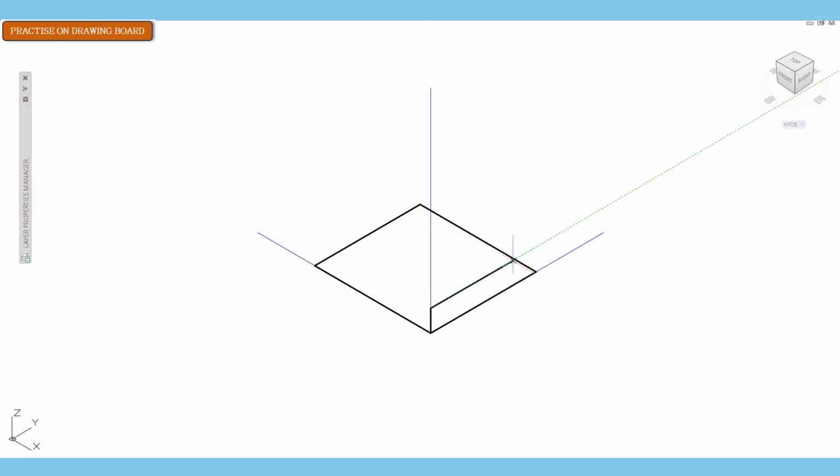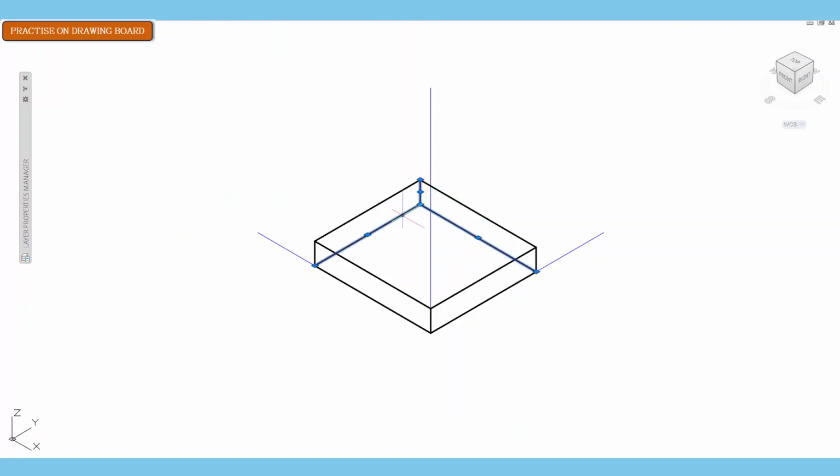So 10, 55. Okay, so now I have the base, the very bottom.